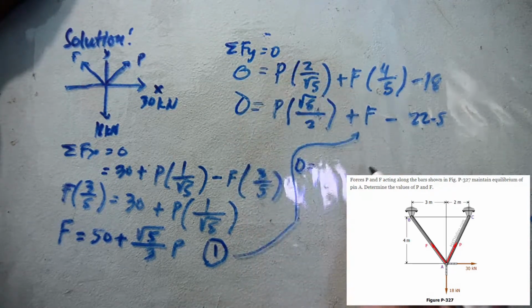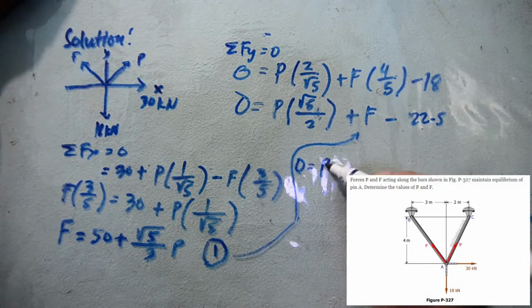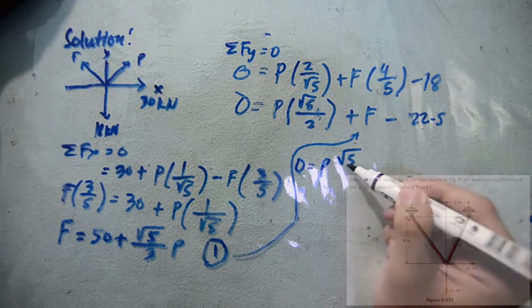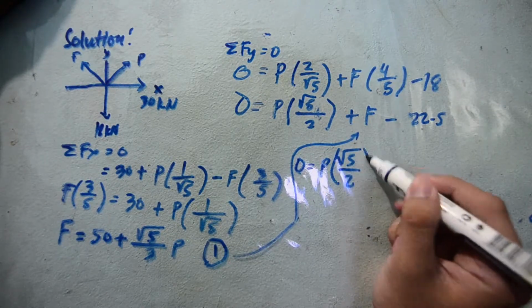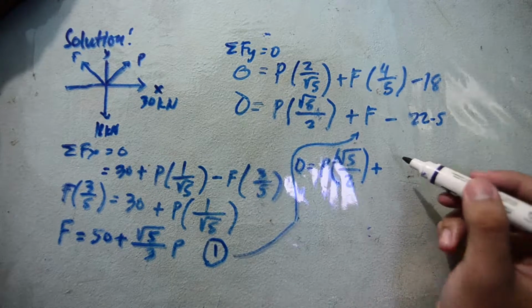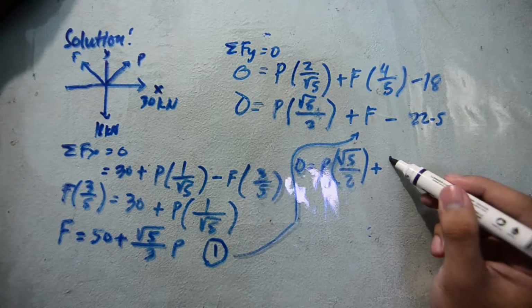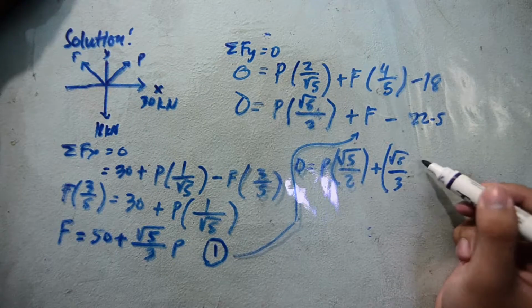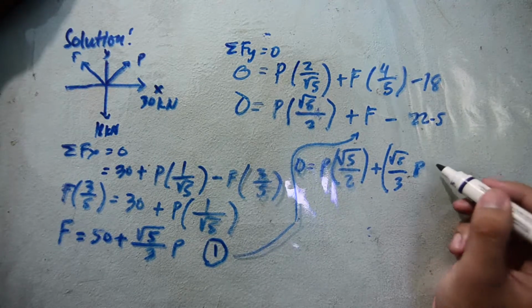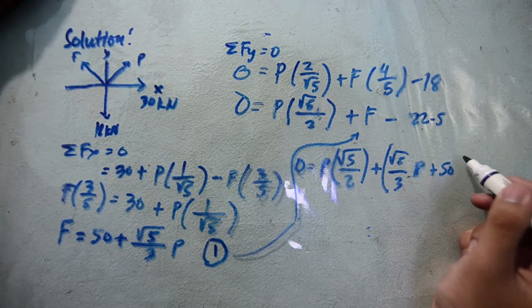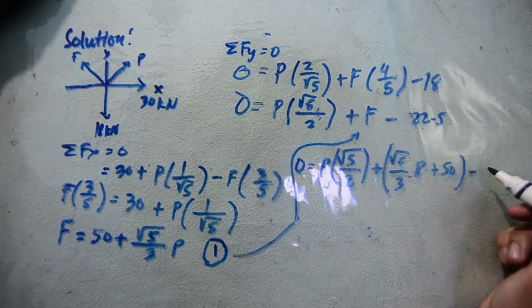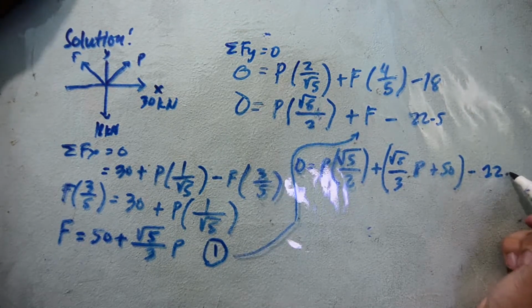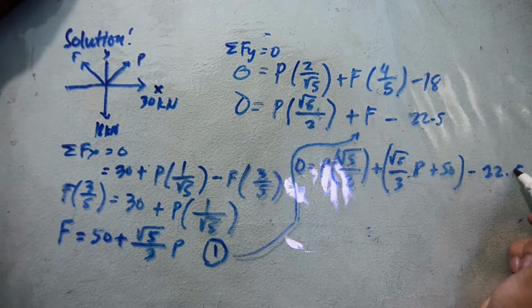We're going to have p square root of 5 over 2 plus square root of 5 over 3 parentheses p plus 50 minus 22.5.